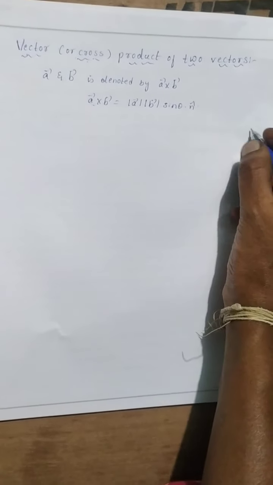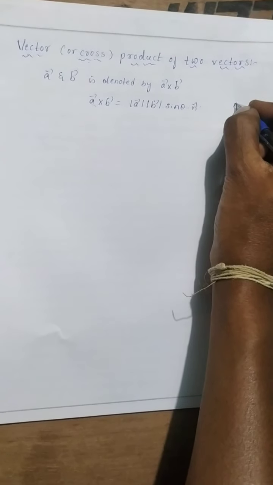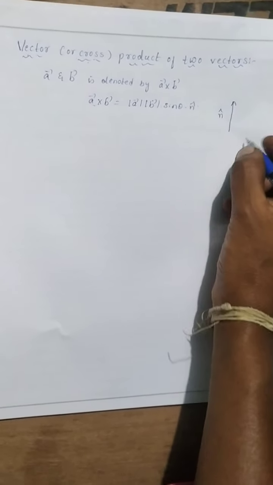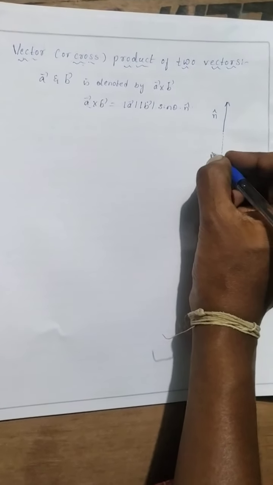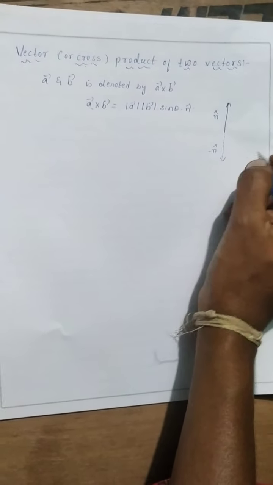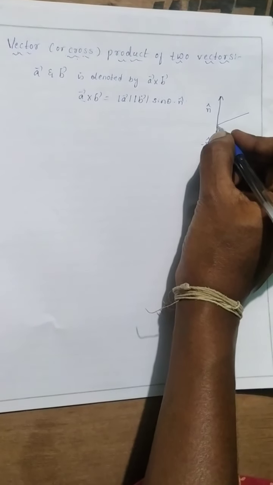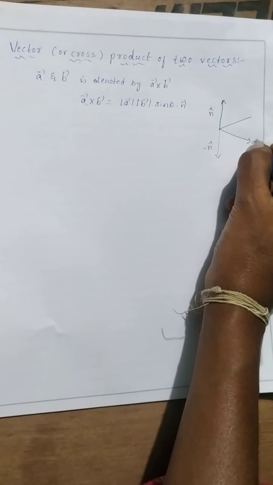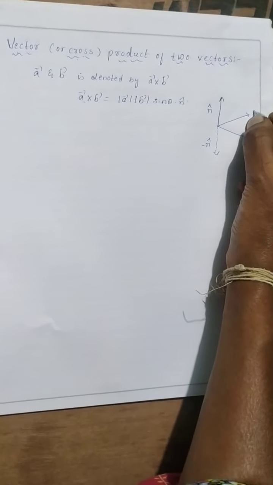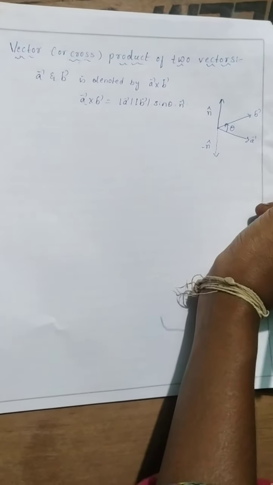So here I'll just take one figure. This is the unit vector n cap, and this is the negative n cap. This is vector b, this is vector a. In between they make an angle theta in the anti-clockwise direction.